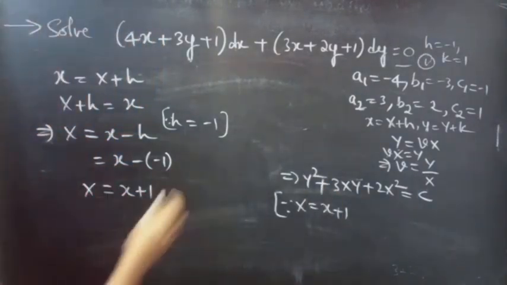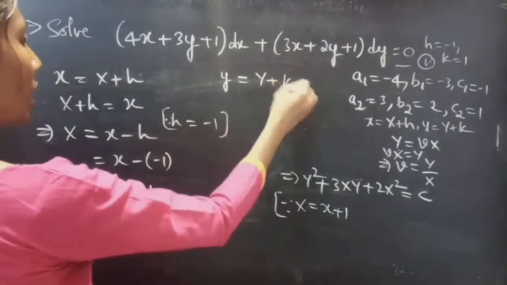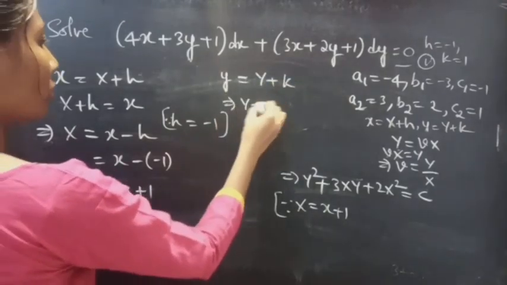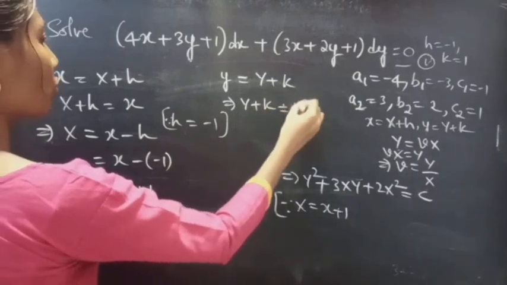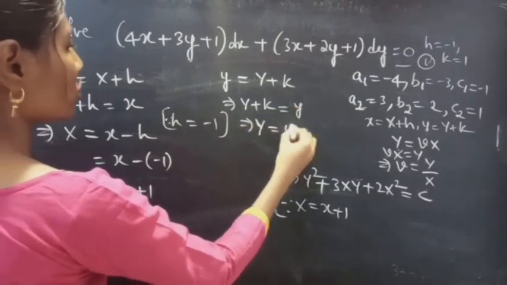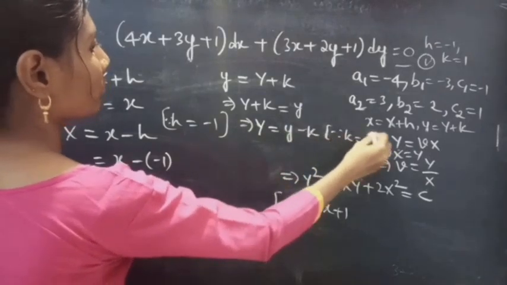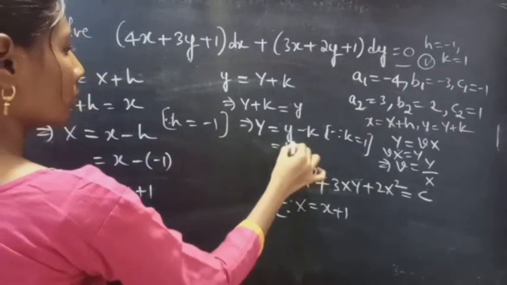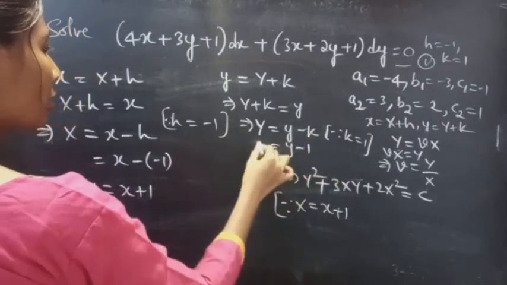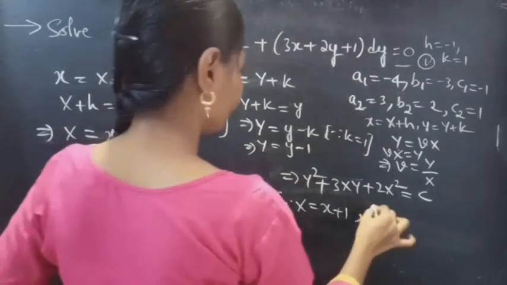Also we have small y equals to capital Y plus k. From this we'll get capital Y equals to small y minus k. Since k equals to 1, replace k by 1, then you'll get capital Y equals to small y minus 1.